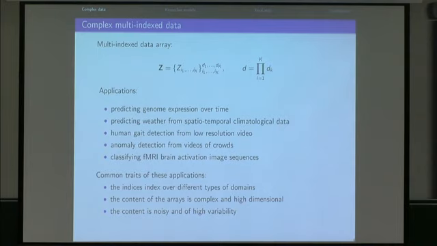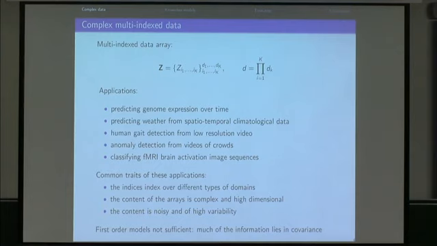The content of these arrays is very complex. There might be multiple populations, clusters, classes, and very high dimensional. And then the content may be noisy, very high variability, because we do not have a sufficient number of replicates to replicate this array enough times to be able to form a model with low variance parameter estimates, or it may be that there might be missing values or other types of noise.